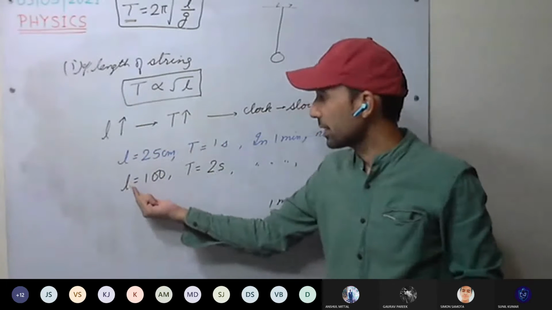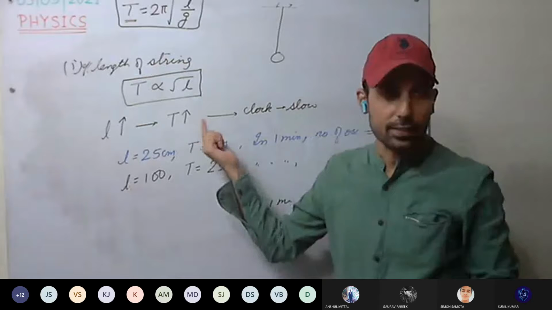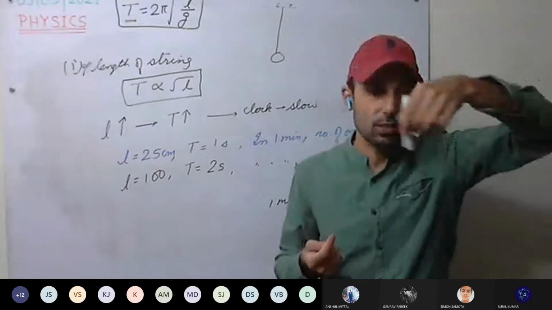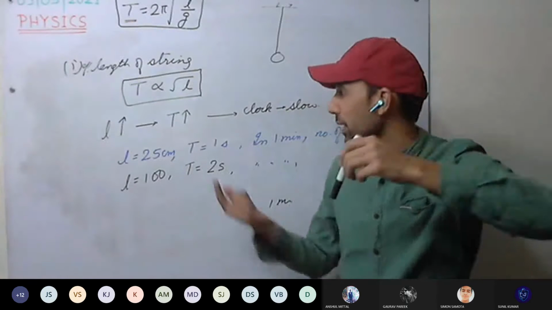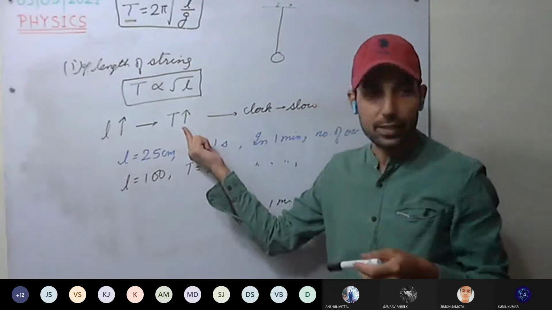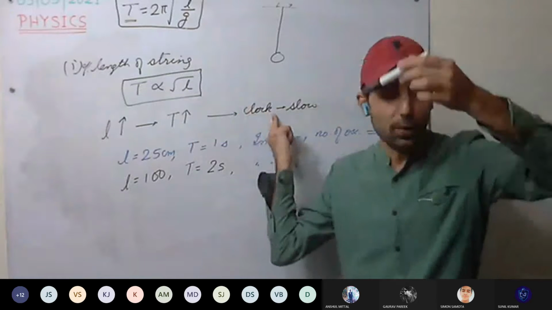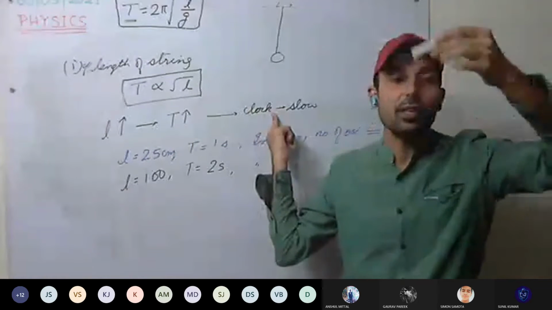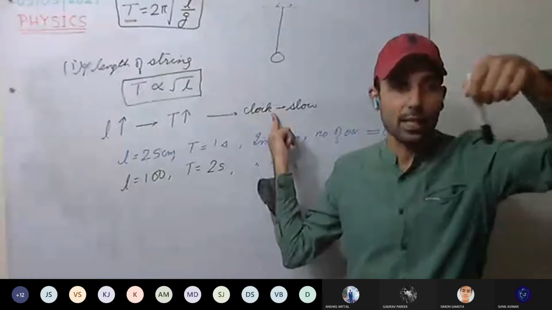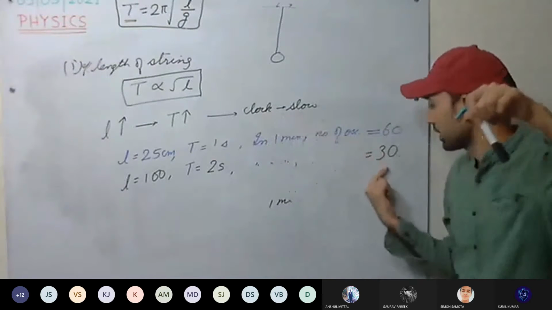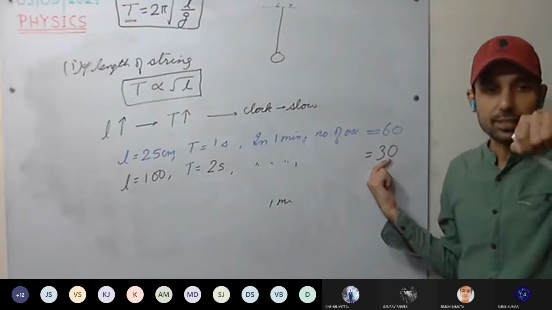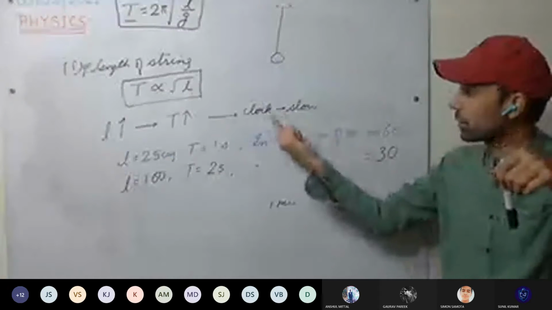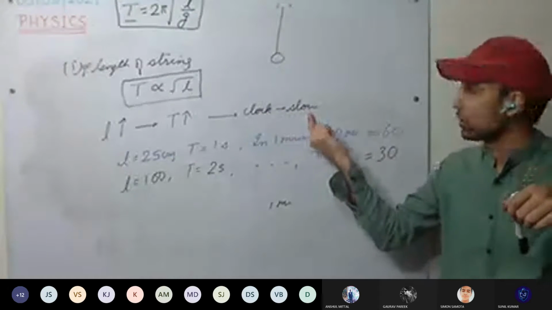So when length increases, time period increases. Time period has increased, so clock has become slow. Why? Length increases, time period increases. That means number of oscillations made in given time decreases. It means clock has gone slow.